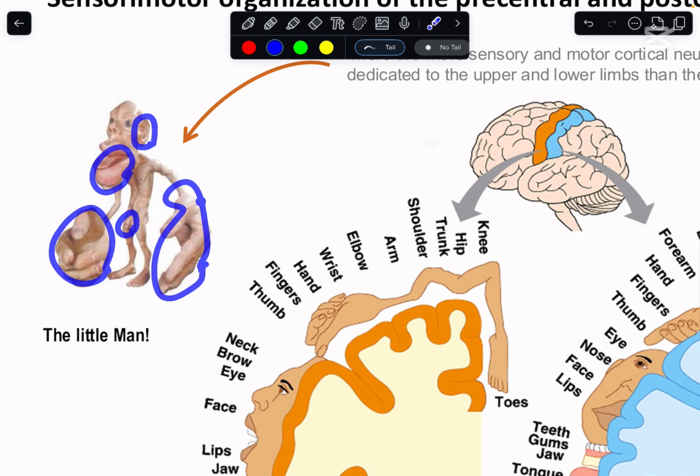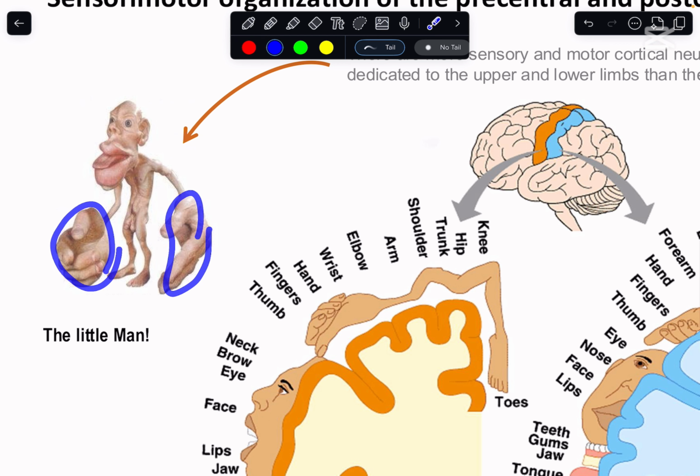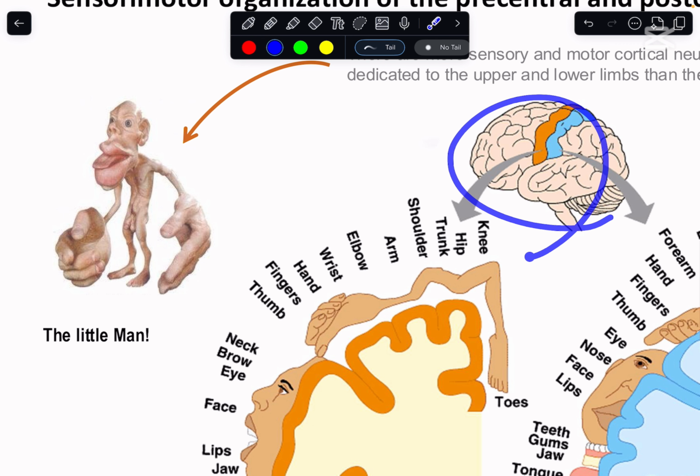The bigger the area that you see here, the bigger the area of the brain dedicated to that part of the body, vis-a-vis somatosensory and motor function.